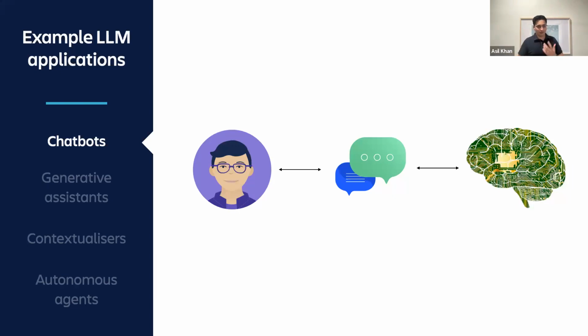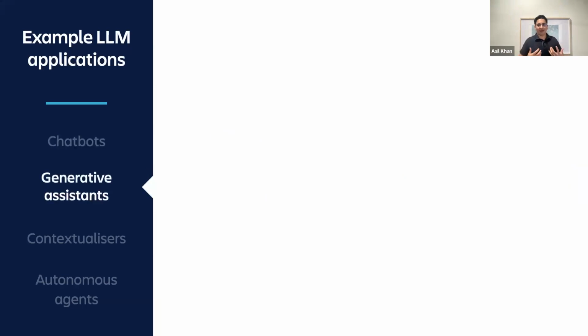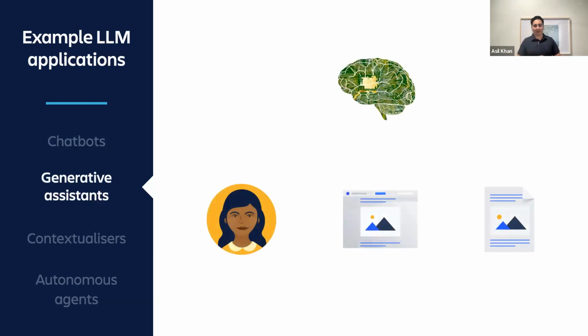Now we've gone over chatbots, we can look at something a bit more interesting. How can we use an AI as a generative assistant? In this example, there's a user interacting with a wiki such as Confluence to produce a document, and the wiki has an integration with OpenAI.